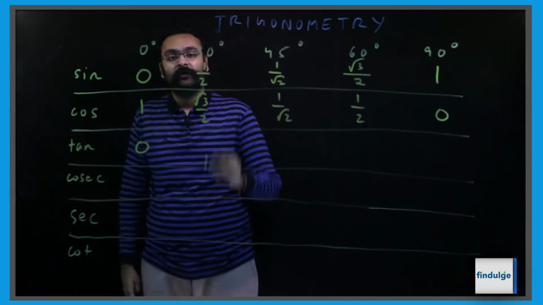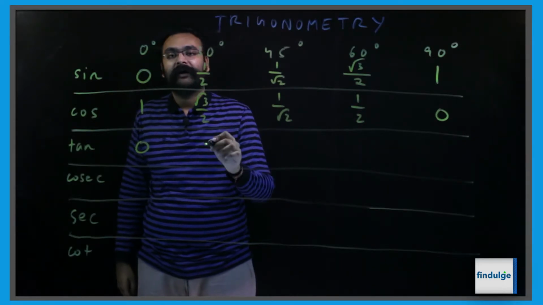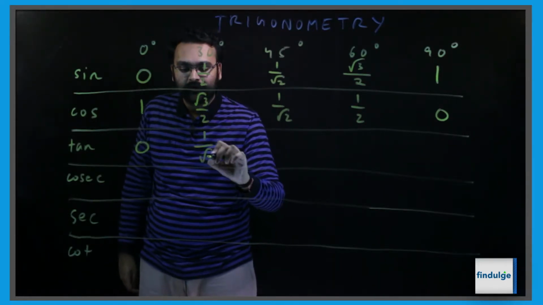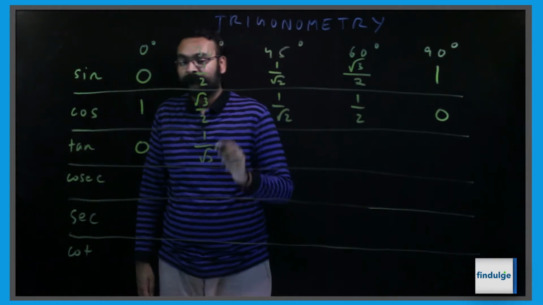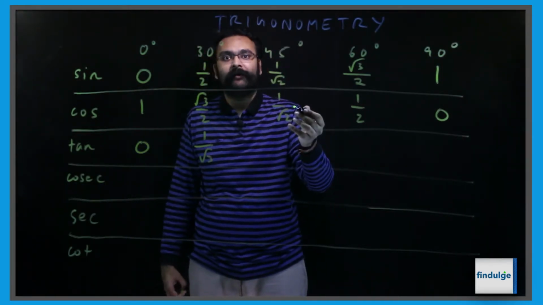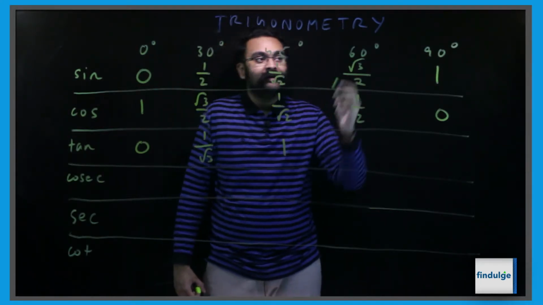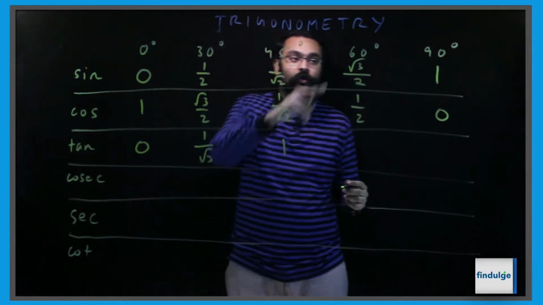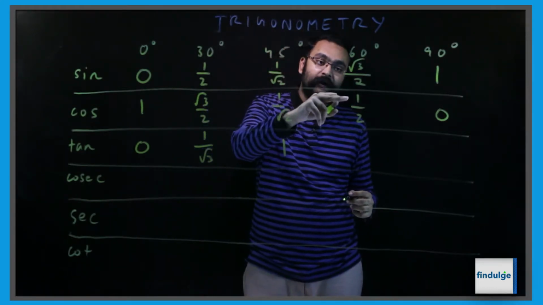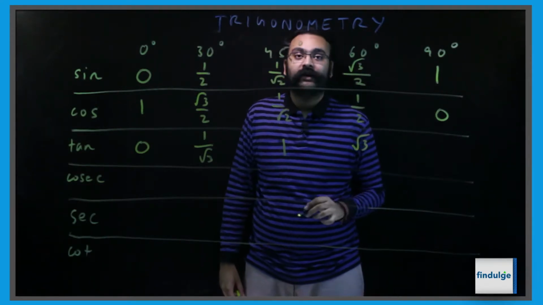Tan 30, 1 by 2 divided by root 3 by 2, again denominators get cut, 1 by root 3. Tan 45, 1 by root 2 divided by 1 by root 2, same number, 1. Tan 60, root 3 by 2 divided by 1 by 2. 2 and 2 get cut, root 3.